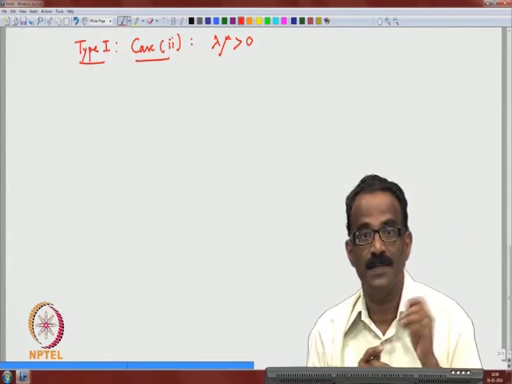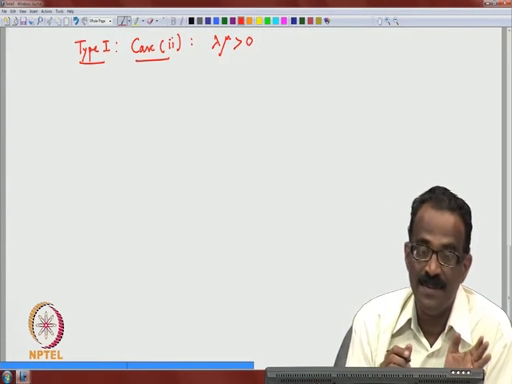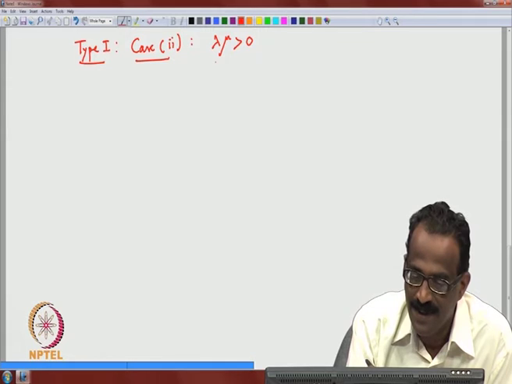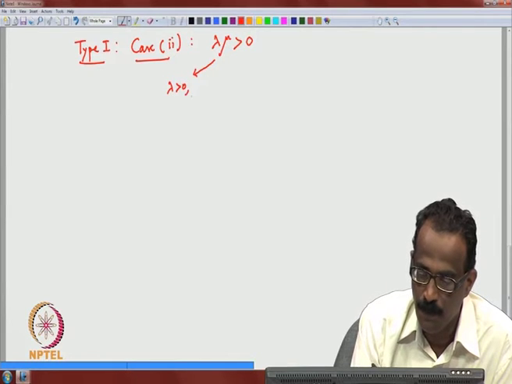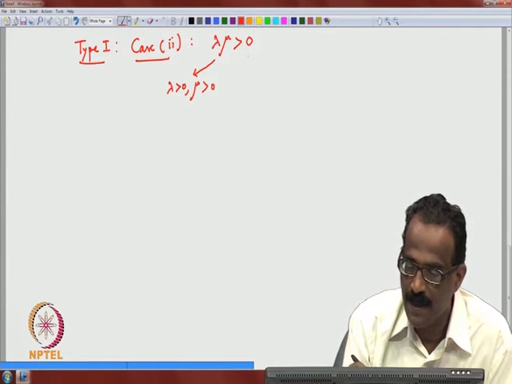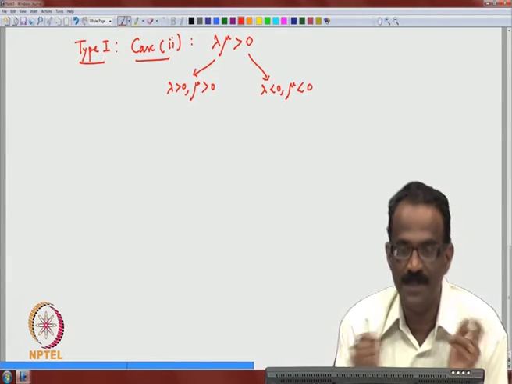You see, that is a case. What we had seen is the case with lambda mu negative. Now, within this there are two cases: one with lambda positive, mu positive, and another with lambda negative, mu negative. You have to understand both these cases.